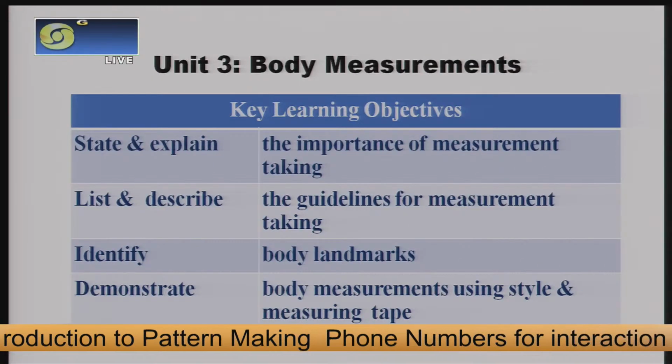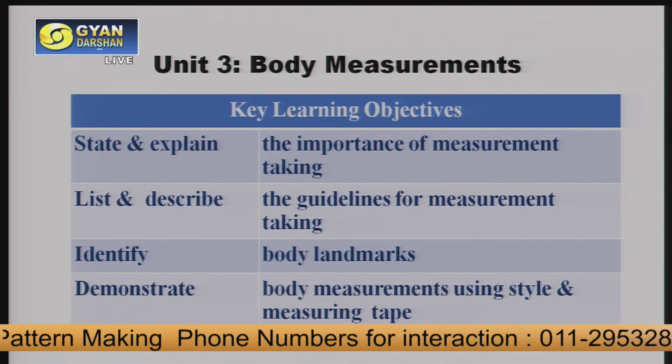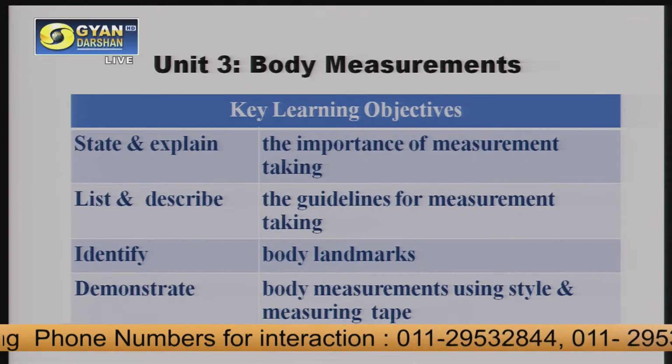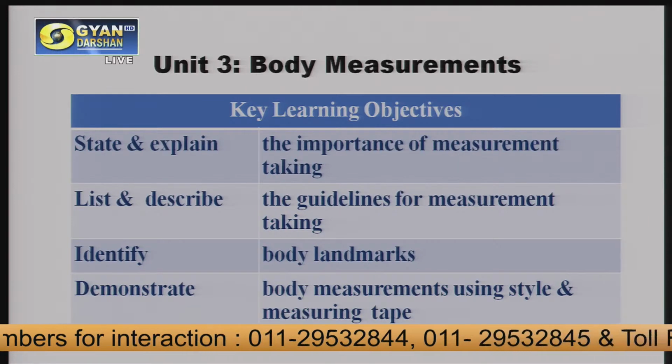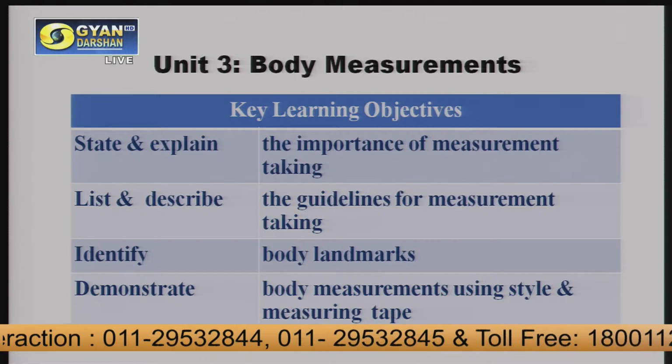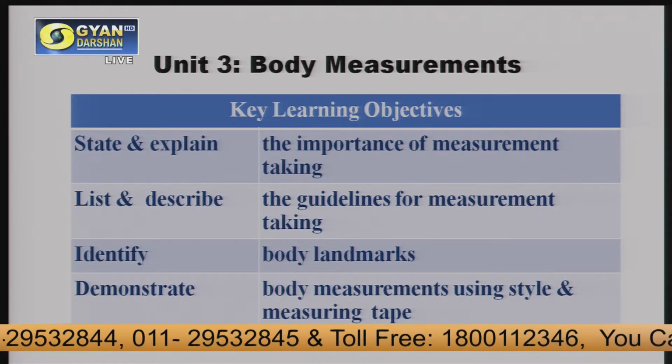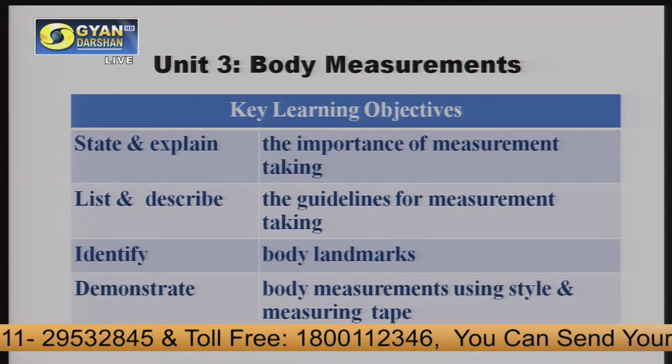With that objective, the main learning outcome of this unit is that you will be able to state and explain the importance of measurement taking. You will list and describe the guidelines for measurement taking, and you will identify the different body landmarks which you have to learn while you take the body measurement.